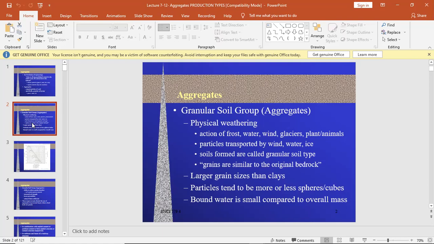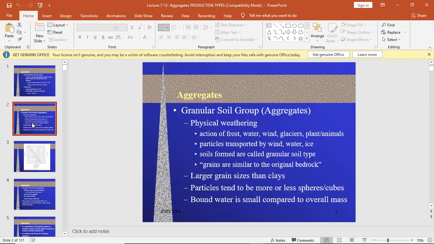Why do I say a desirable highway material? Because in building construction we also use angular aggregates, and there too we like cubical or angular aggregates.